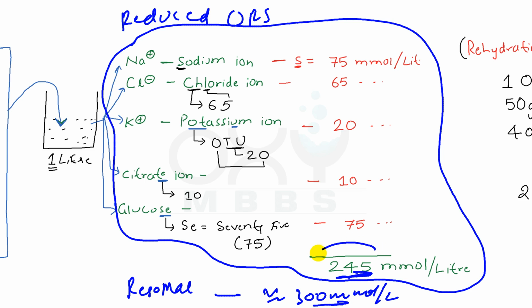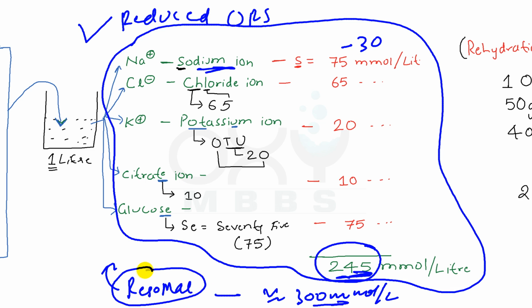It means here concentration is reduced, so it is called reduced ORS. And in the ReSoMal the concentration of sodium is minimized by 30, so ReSoMal is also called reduced sodium ORS.